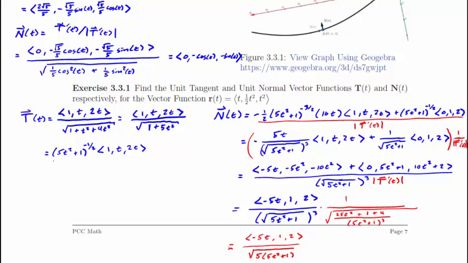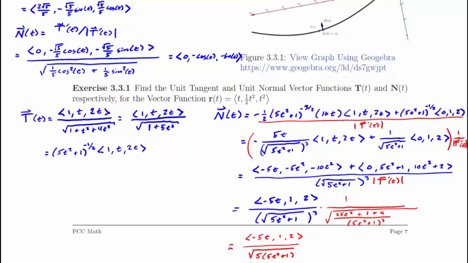Tack this on, so I'm going to take the derivative of this using a product rule. The derivative of the first here is -1/2 times (5t squared plus 1) to the -3/2 times the derivative of the inside, which is 10t, and then times the second, 1 comma t comma 2t, plus the first, the quantity 5t squared plus 1 to the -1/2 times the derivative of the second, which is 0 comma 1 comma 2. This all needs to be over the magnitude of itself to make it a unit vector, which we'll do at the end here.